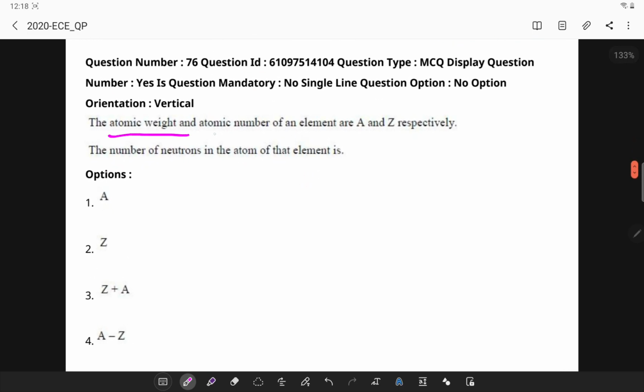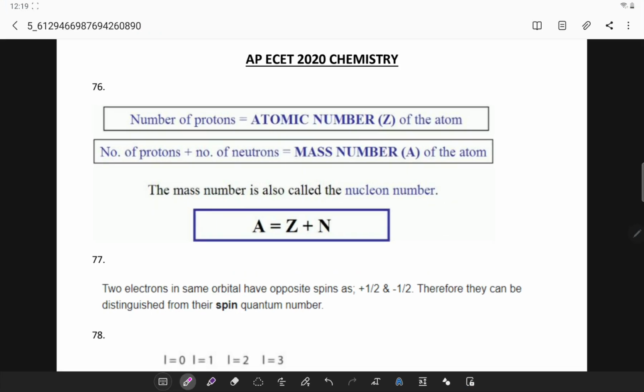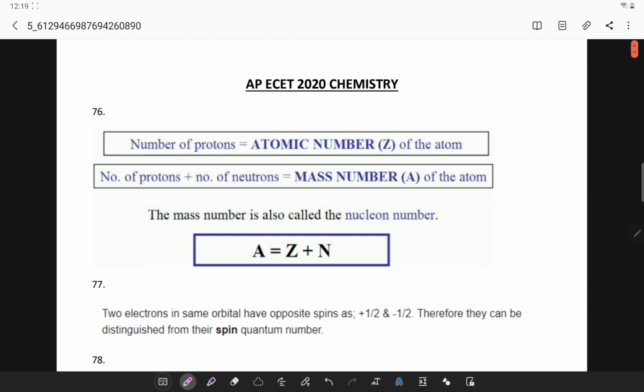The atomic weight and atomic number of an element are A and Z respectively. So the number of neutrons in the atom of that element is nothing but A minus Z. See this. The number of protons is simply the atomic number of an atom.